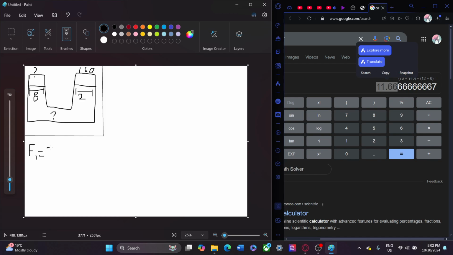No. Do we have F2? Yes. Anyway, now we have A1, yes.